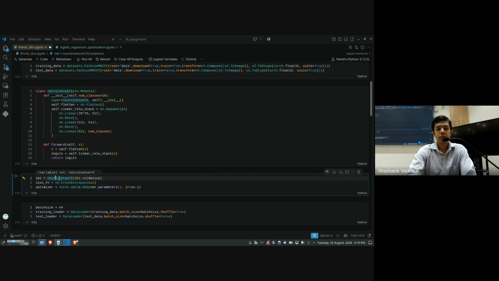So this defines, or instantiates, the neural network. The second line essentially just defines what the loss function is. So it's just a single line. There are, again, built-in loss functions within PyTorch, and you can use them as they are.